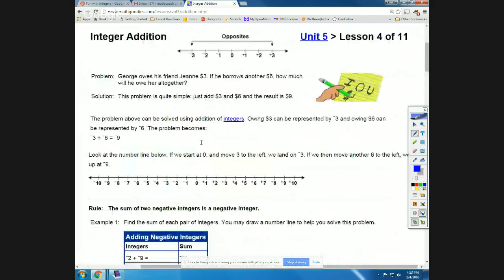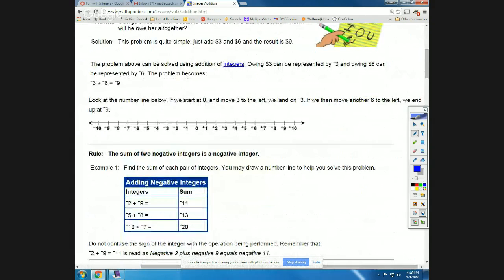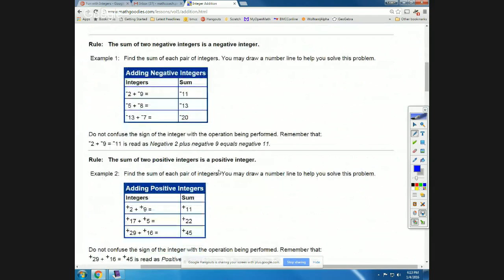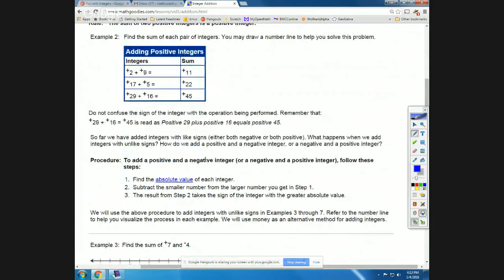They have a rule for the sum of two negative numbers. They have a rule for the sum of two positive numbers. And how to add a positive to a negative, a separate rule. And that's pretty typical when they get down to the rules of adding integers. They break it down into, well, if they're both positive, do this. If they're both negative, do that. If one's positive, one negative, well, then it depends.